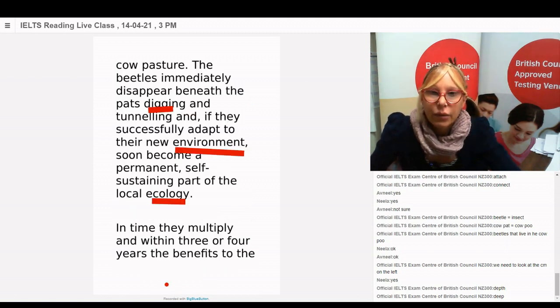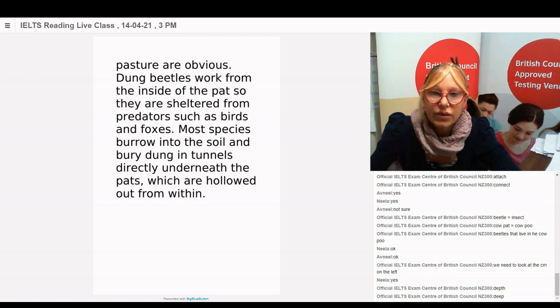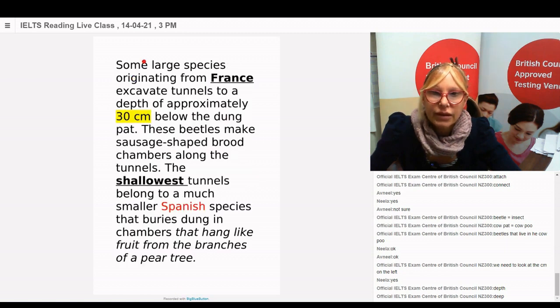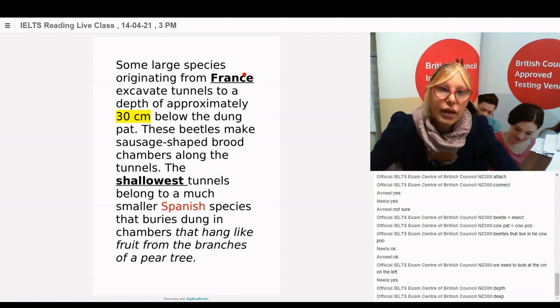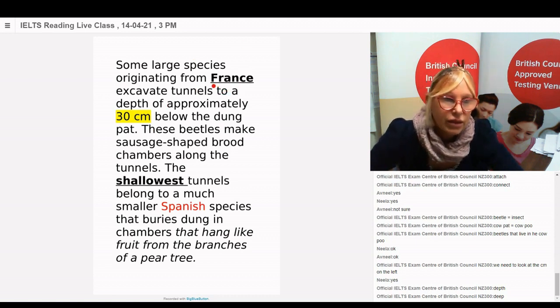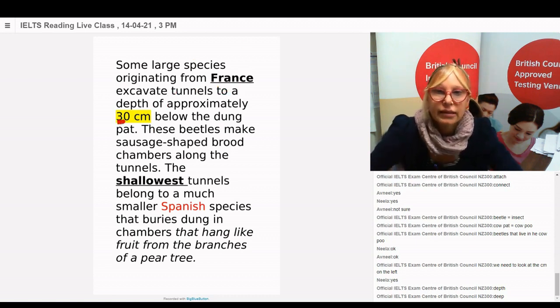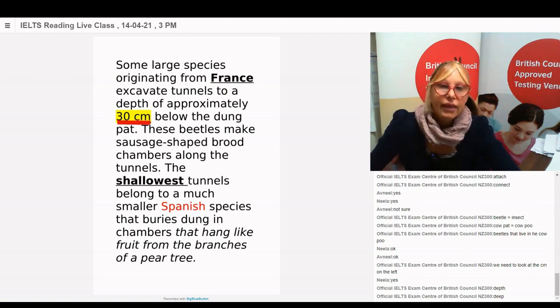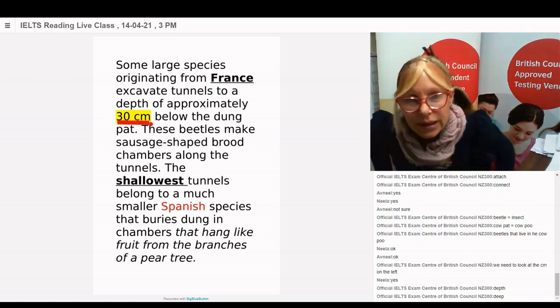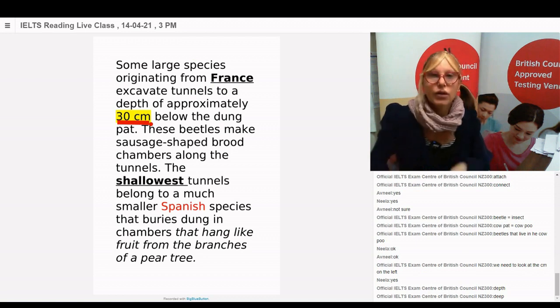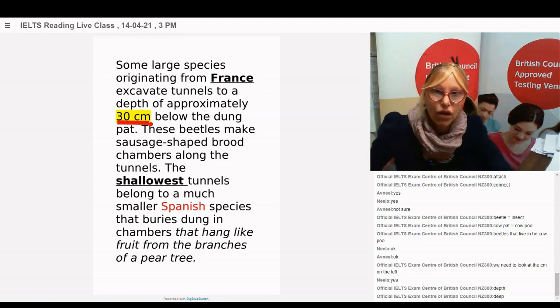But anyway, we keep reading until we come to some language about France, which is one of the types of beetles, and then we have our first reference to a measurement, which is 30 centimeters. Remember that we're looking for the type of beetle that goes 30 centimeters down under the ground.